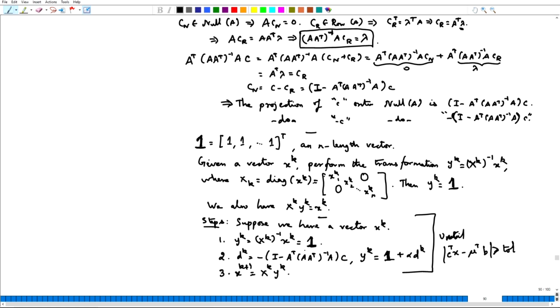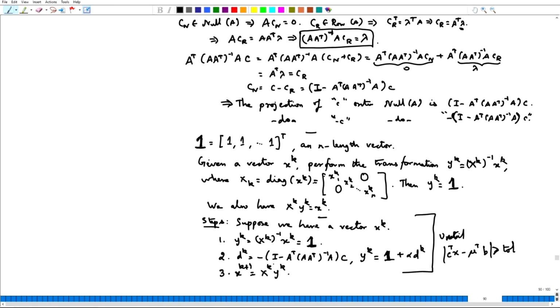All right, and the next one is you choose the direction. The direction is just the projection of minus c, which is the steepest descent direction, onto the null space of the matrix A, right. Because of which you will actually get minus of I minus A transpose (A A transpose) inverse A, the whole multiplied by C. Okay, here there is a catch.